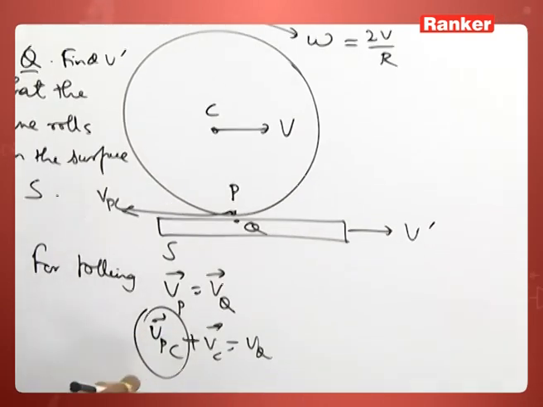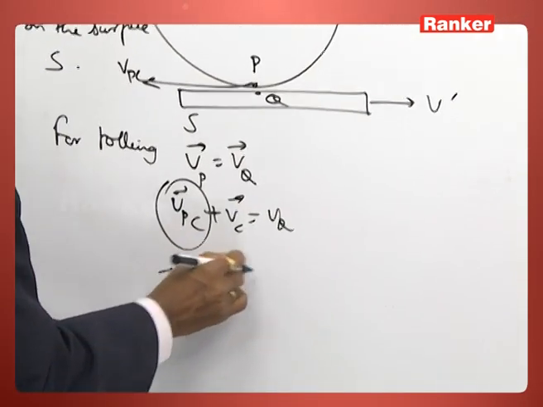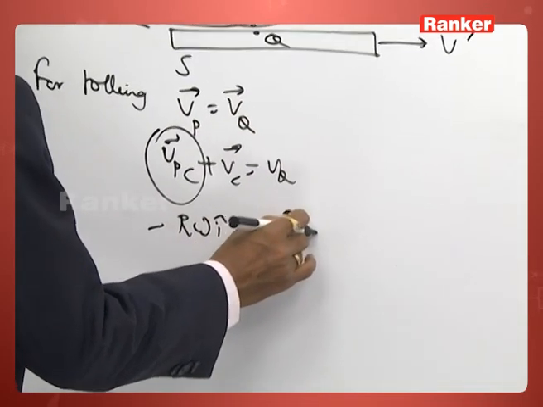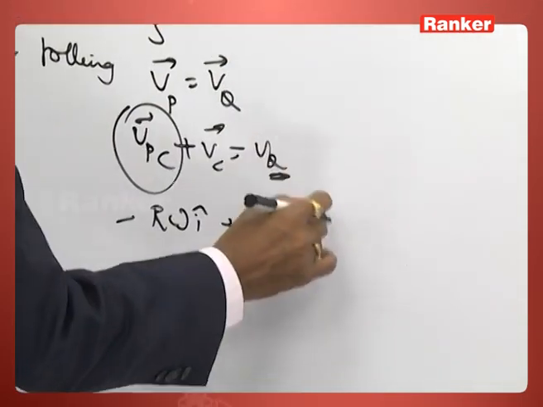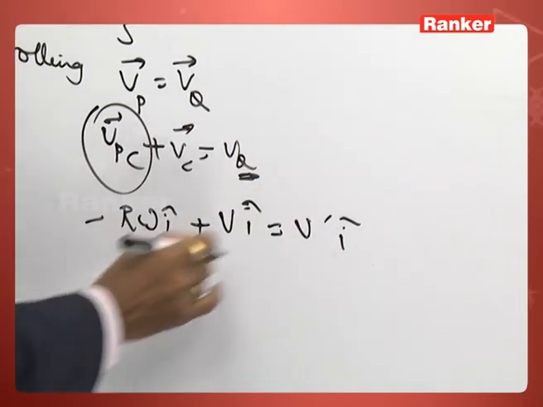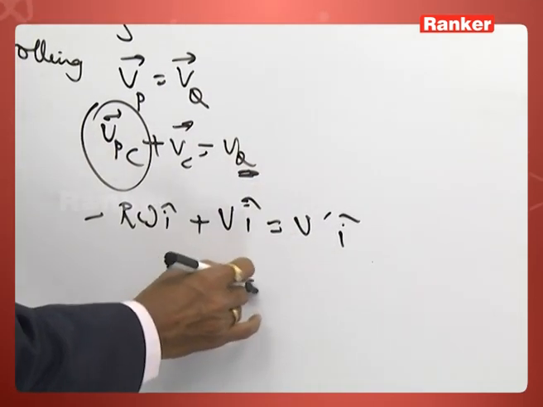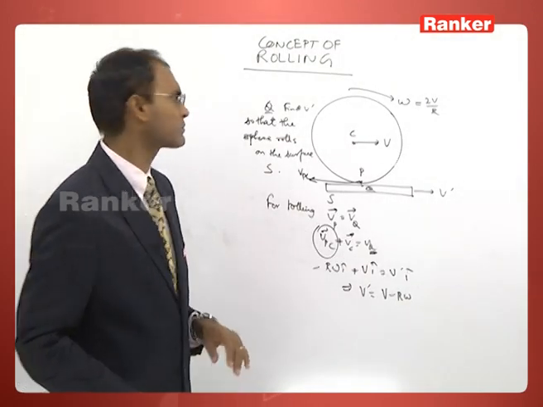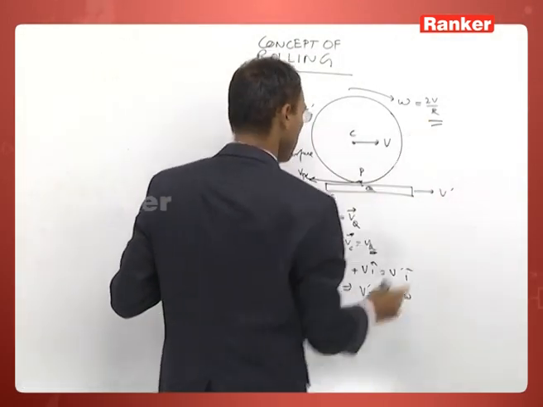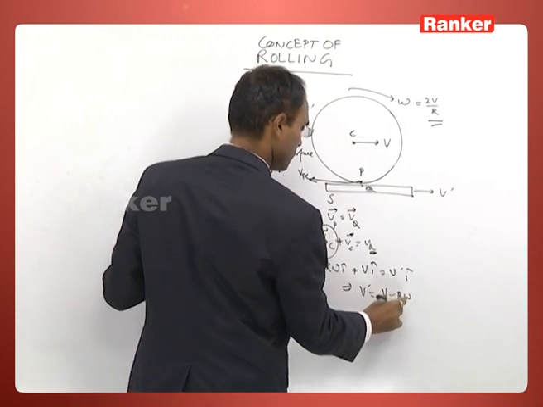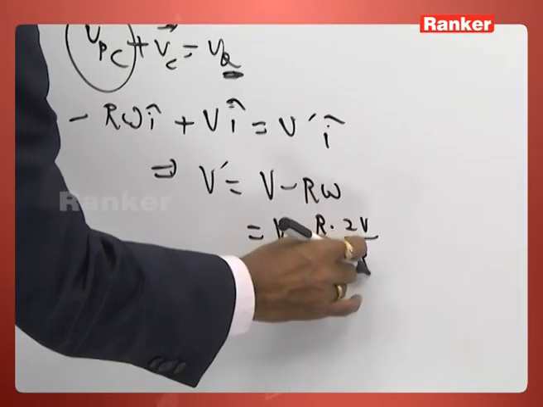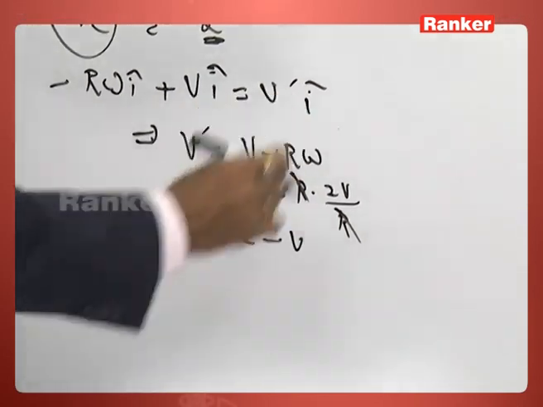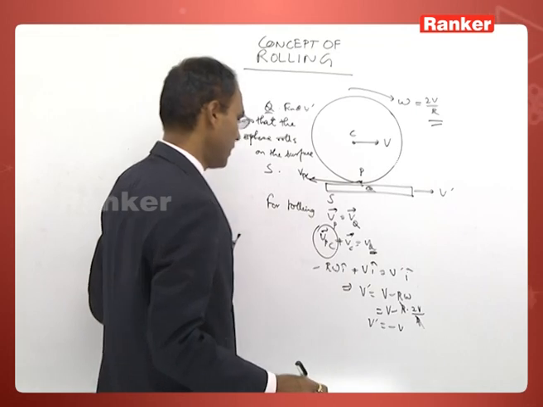But Vpc is equal to minus r omega i cap, as we discussed, and Vc is equal to v i cap, and this point's velocity is given as v dash i cap. So the condition is v dash is equal to v minus r omega, where omega is equal to 2V by R. The R's get cancelled, and you get minus V. So V dash is equal to minus V.